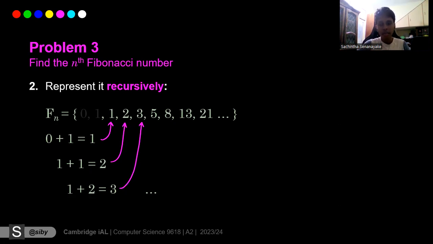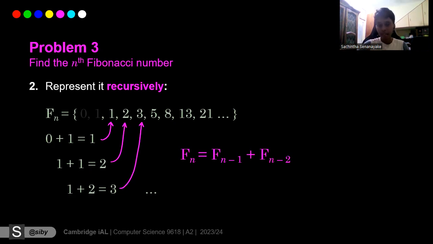So you might be able to understand that this is what will become our base case very soon, the 0 and the 1, because there's no other way to calculate the Fibonacci sequence's first two digits. We need to explicitly specify them in order to figure out the remaining digits. Now, generally, we would represent this as Fn, the nth Fibonacci number, is equal to the n minus 1th Fibonacci number plus the n minus 2th Fibonacci number, right?